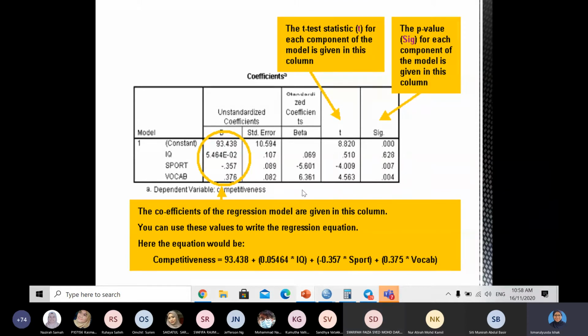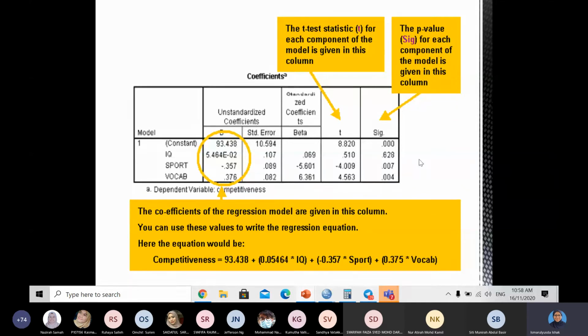Vocab. So vocab 6, sport 5, and the lowest is IQ. Vocab gives the highest influence on competitiveness, followed by sport, then followed by IQ.